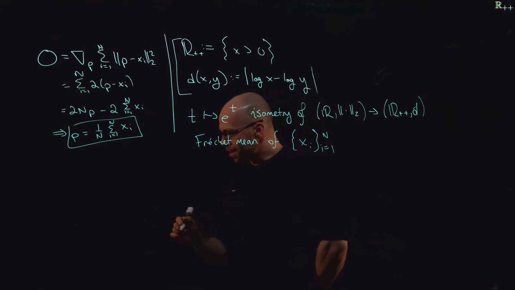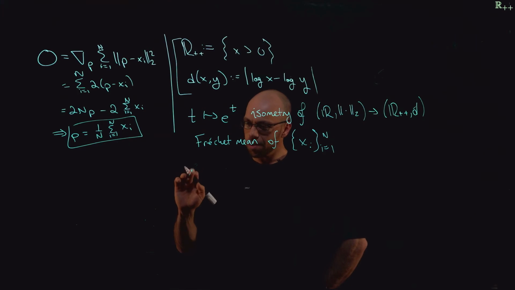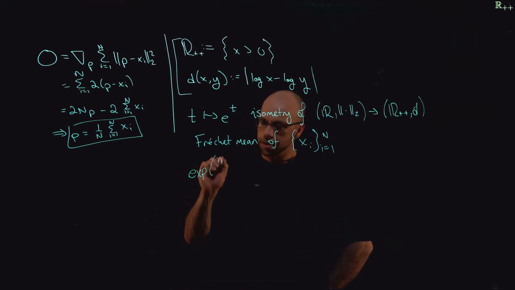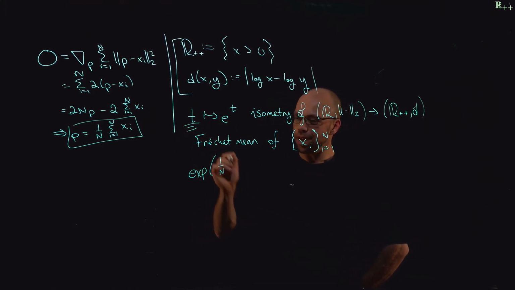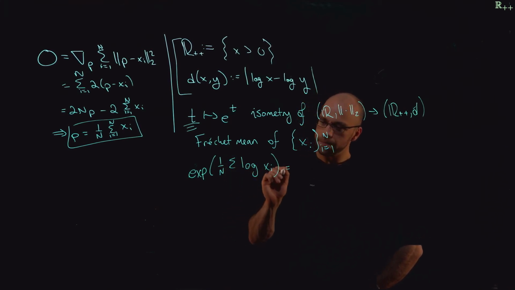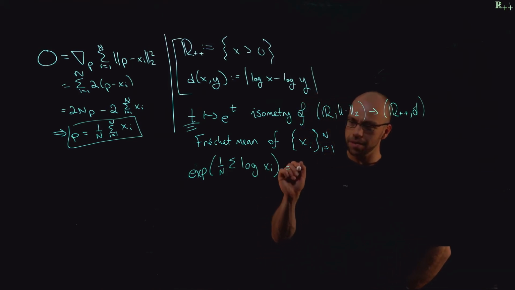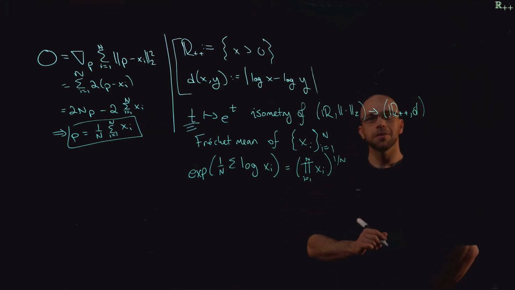So to map it back, I'll have the exponent of 1 over n times the sum, since the Frechet mean on the left-hand side is just an average, but I need to apply the map the other way. And this is, of course, the same as the product i equals 1 to n of x_i, all to the 1 over n power, which is the geometric mean.